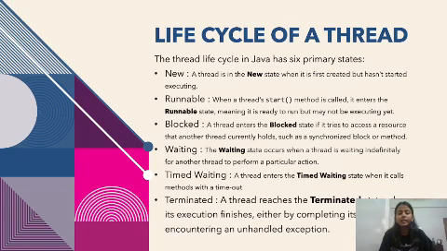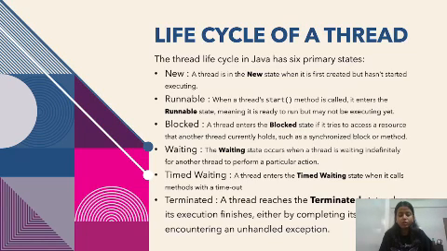Waiting. The waiting state occurs when a thread is waiting indefinitely for another thread to perform a particular action. Timed waiting. A thread enters the timed waiting state when it calls methods with a timeout. Terminated. A thread reaches the terminated state when its execution finishes, either by completing its task or encountering an unhandled exception.